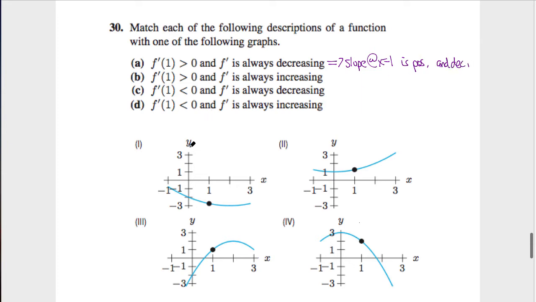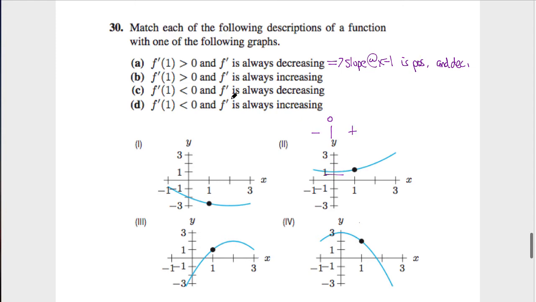So if we go through our graphs, we see for graph 1 that the slope is actually negative. So this one is right out. For 2, it appears that the slope is increasing. And the reason why we say that, even though it looks like the value here is decreasing, is because if you think about it, the slope up until about right here, so this is about where the tangent line is horizontal, the slope is negative and then it turns positive.